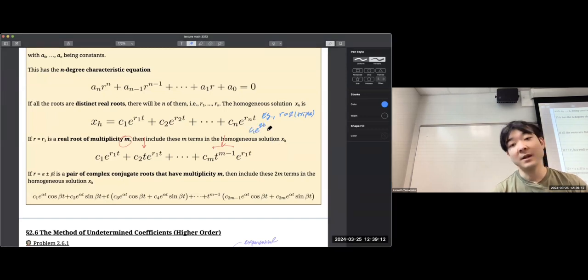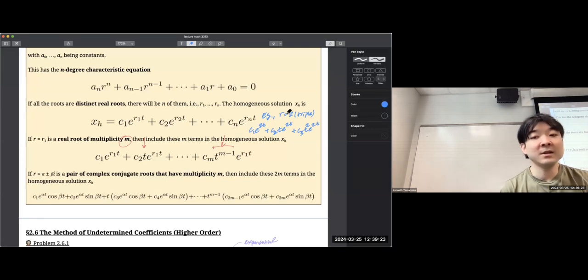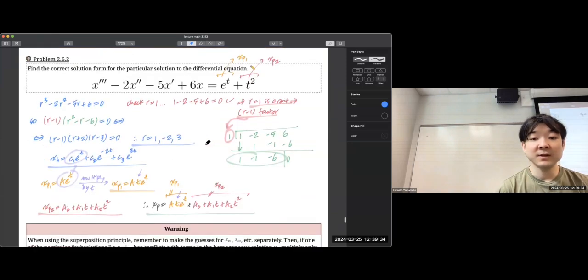That's definitely one of them. The other one is C2 t e to the 2t, and the other one would be C3 t squared e to the 2t. You just keep multiplying by t. You need to build 3 if you have a triple, and they all have to be distinct, and you do that by multiplying by t successively.